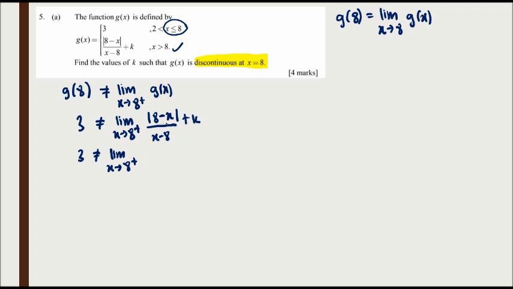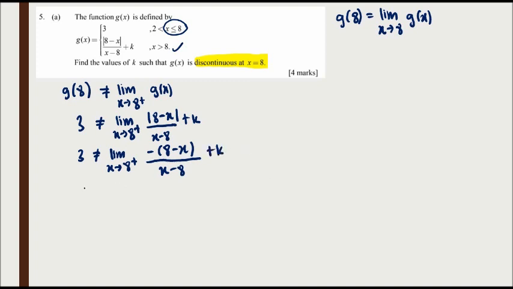Since it is from the right, we can change the absolute value to negative, so we take the negative of 8 minus x, divided by x minus 8, plus k.